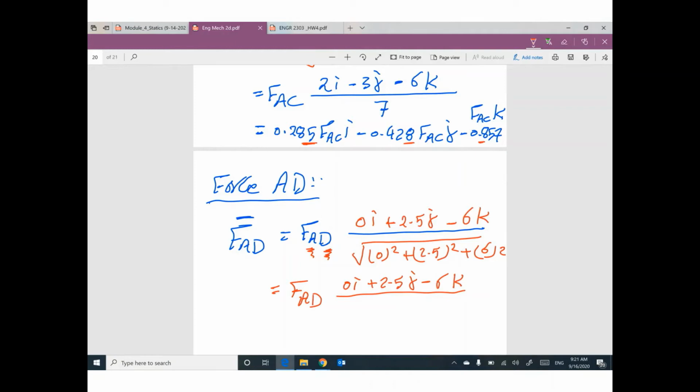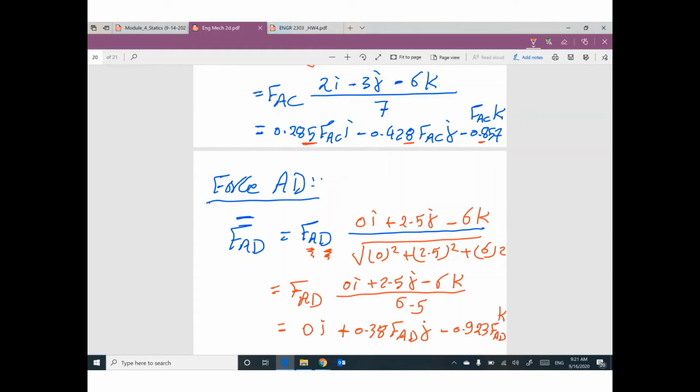This one will be 6.5. So your final answer will be 0i plus 2.5 divided by 6.5, which is 0.38 FAD j, negative 6 divided by 6.5 will be 0.923 FAD k.